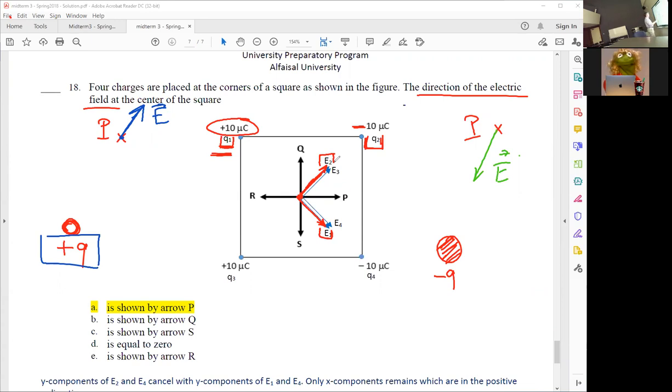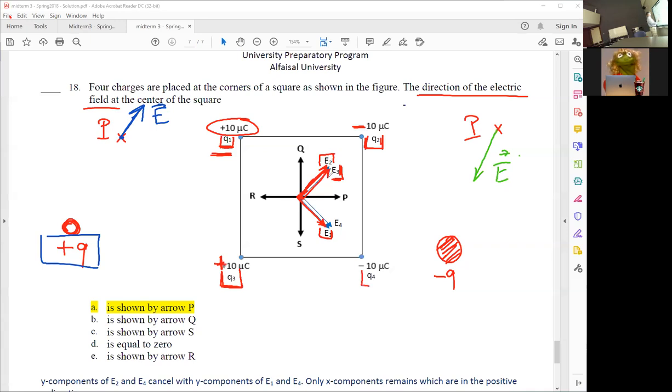We repeat the same exercise for charge Q3. Now Q3 is a positive charge, so Q3 will generate an electric field E3 that is pointing outward away from the charge. So E3 outward away.